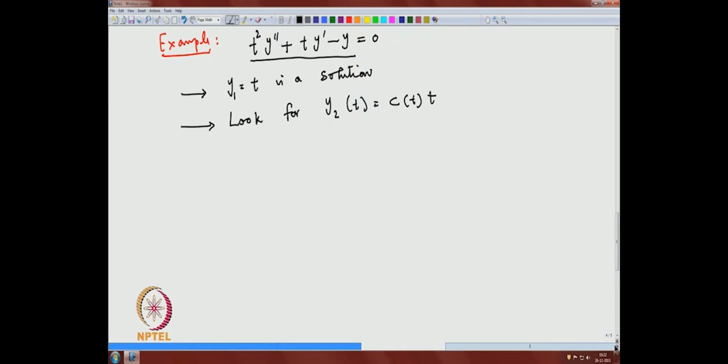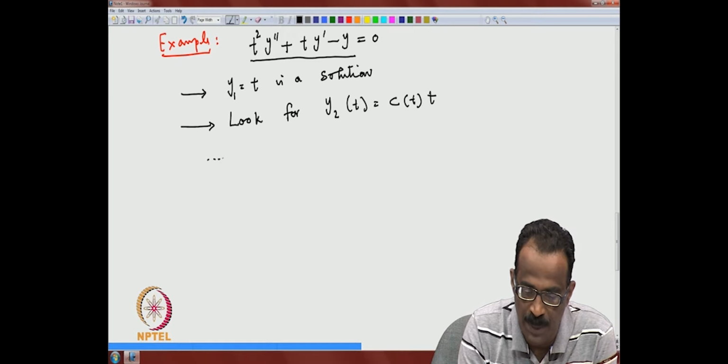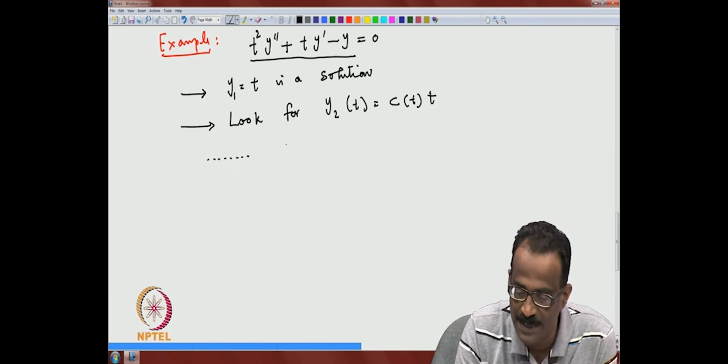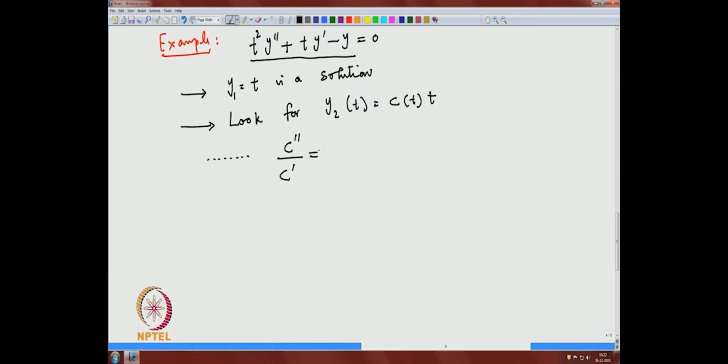If you compute y 2 prime and do the computation a bit, you can see that c double prime by c prime is equal to probably minus 3 by t. You can do the computation.